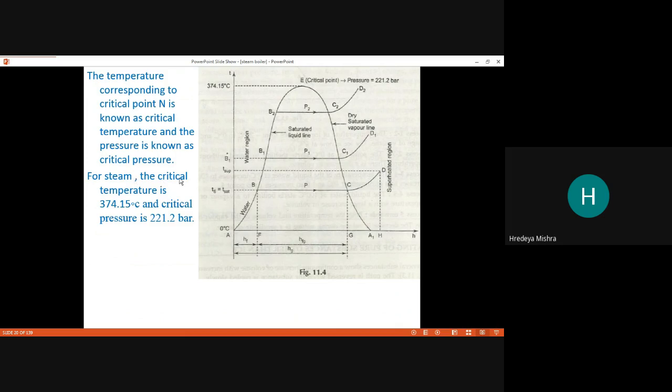For steam, the critical temperature is 374.15 degrees centigrade and the critical pressure is 221.2 bar.